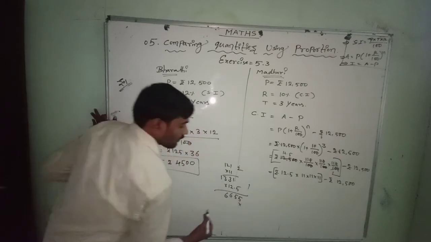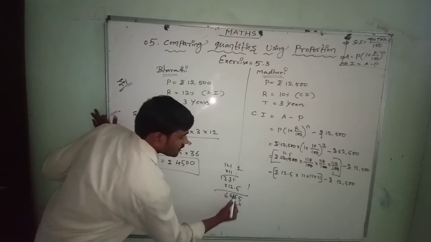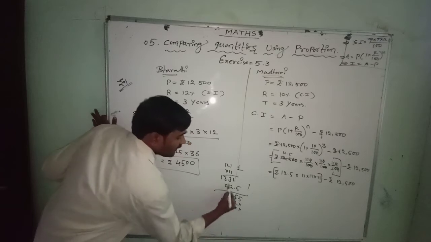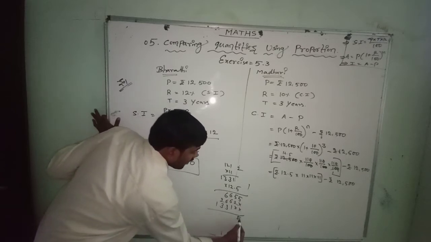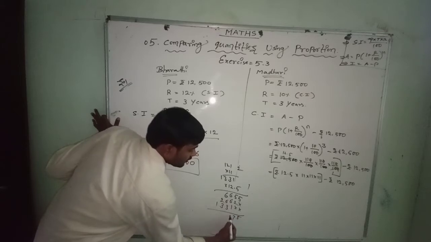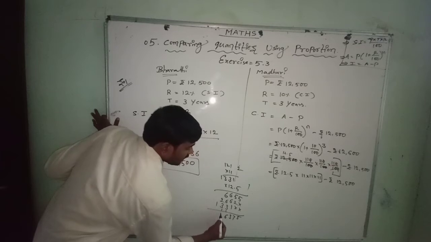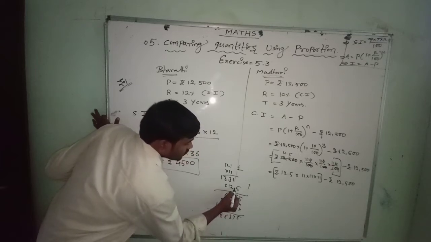Into 2 is 10, 2 ones are 2, 2 threes are 6, 2 threes are 6, 2 ones are 2. In one table we get the same, 1 3 3 1, 5, 7, 12 plus 1 is 13, 1 carry, 12 plus 15 plus 1 is 16, 1 carry, 6. So the decimal point comes with only 1 digit.